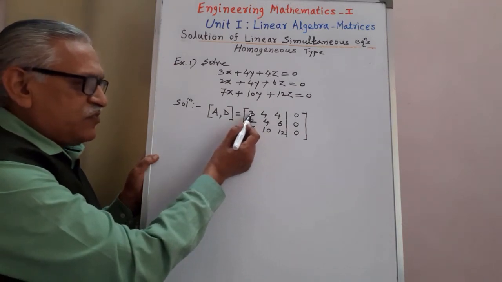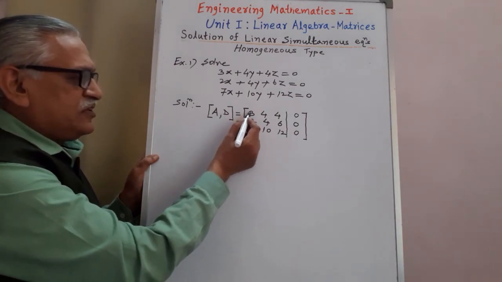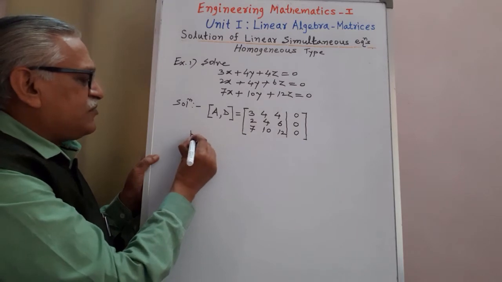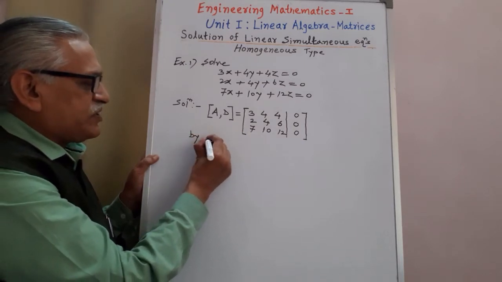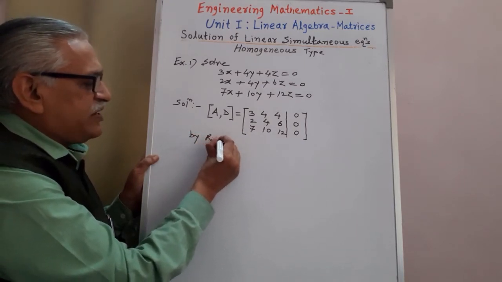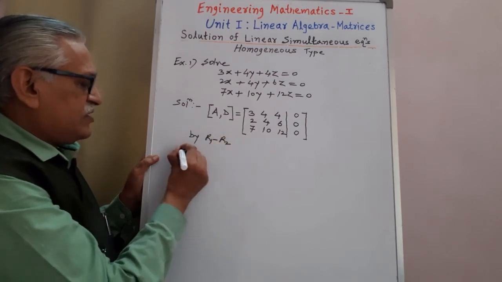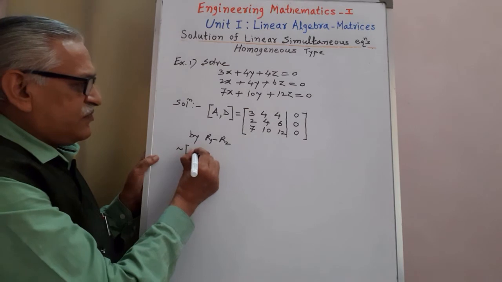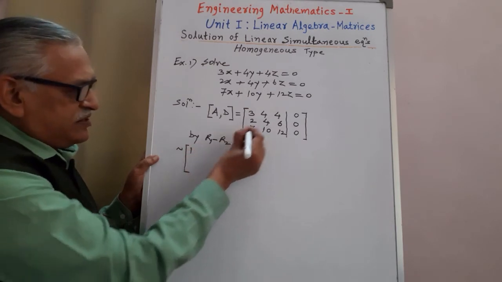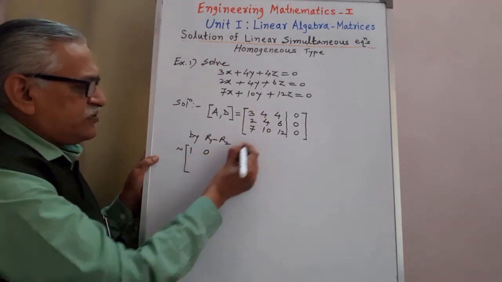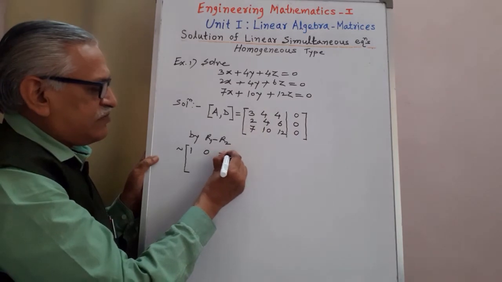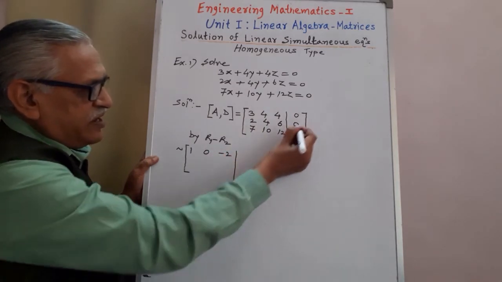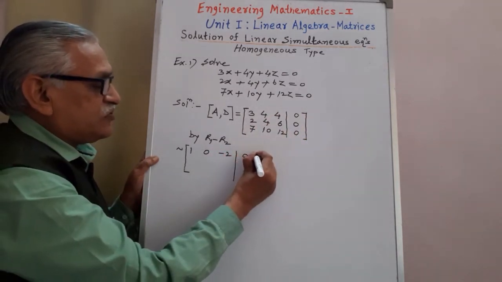Therefore, I will make it 1. 3 minus 2 we get 1. Therefore, the required transformation is R1 minus R2. If we apply this transformation, we get the first row as 3 minus 2, 1; 4 minus 4, 0; 4 minus 6, minus 2; and 0 minus 0, 0.